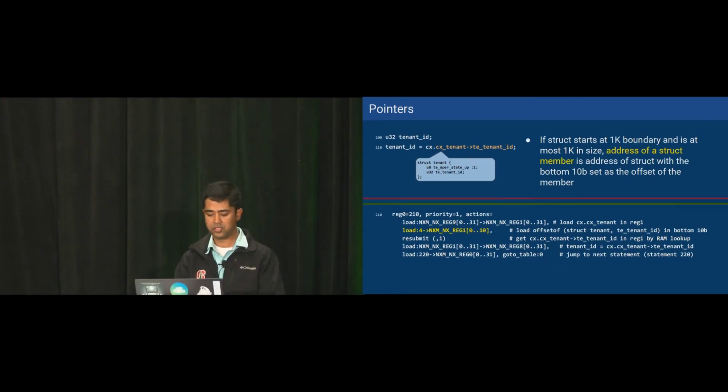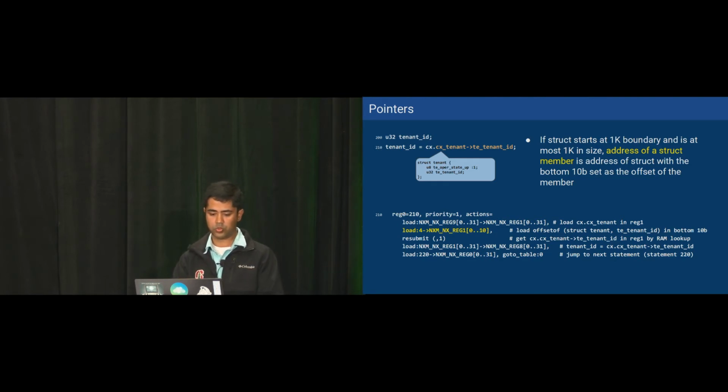Now how do we simulate pointers? So if we assume that each structure starts at a 1K boundary and is at most 1K in size, what that means is the last 10 bits of the structure address are all zeros.